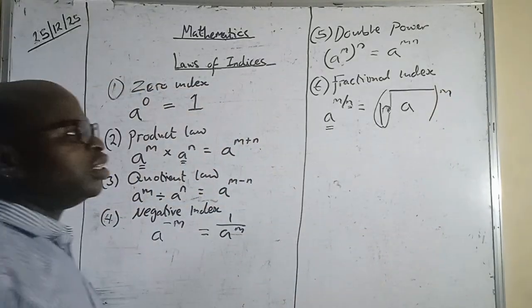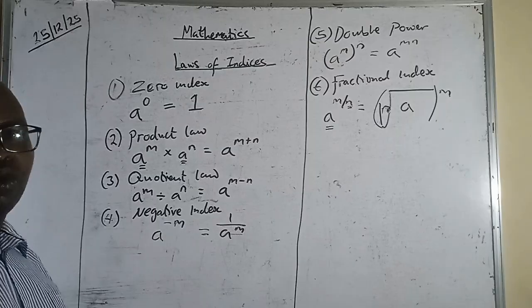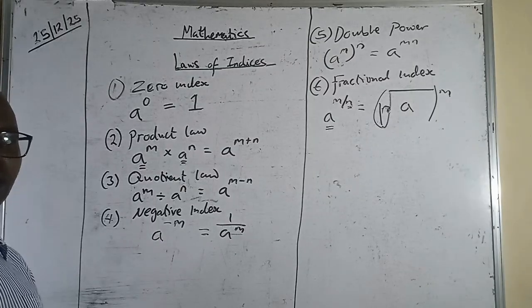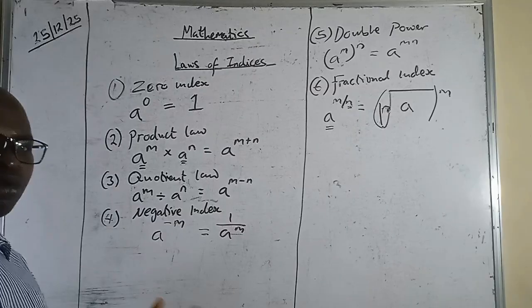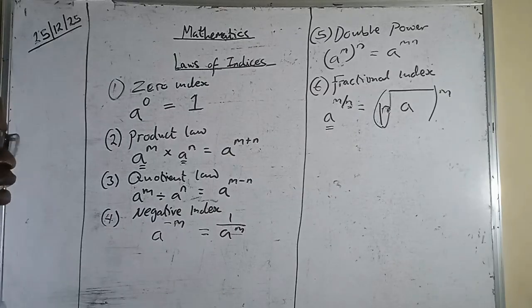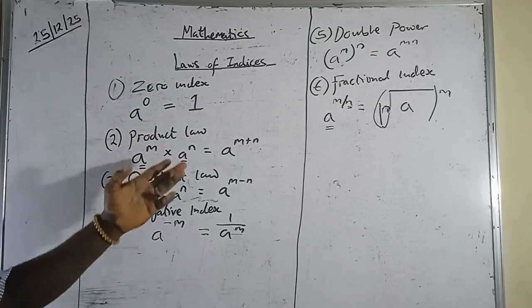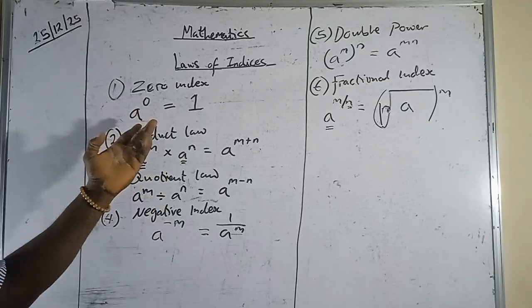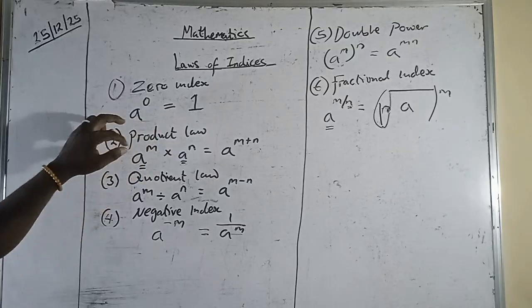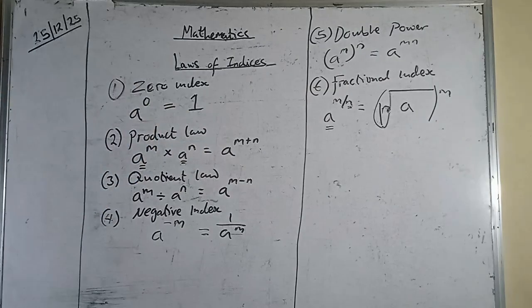That's fractional index. Now, a quick run over all the laws so that you know how to apply them. I'll be coming with examples in my next video. Before the product law is the zero index law: whatever is raised to power 0 is always equal to 1, no matter what.